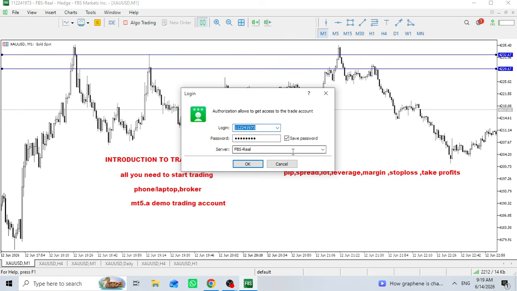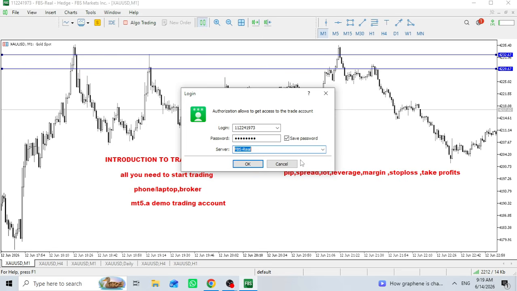If you are having a demo account, you click demo. If it's real, you click real. I'm teaching you that after you download MetaTrader, you need to know how to use it. In a span of 2 minutes, I will explain how to use this tool.